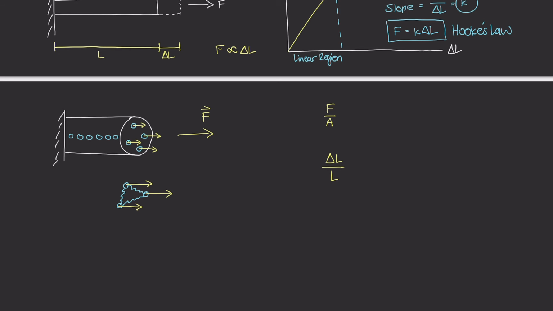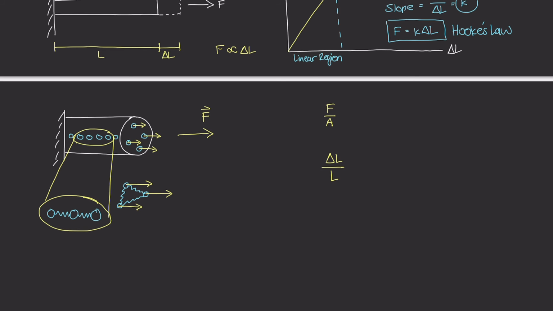And the more molecules there are, the more bonds there are. So let's make this a little bit bigger. Let's zoom in here. We can see that each of these molecules has some sort of molecular bond, right? And the longer this distance L, the more bonds and molecules there are going to be. And the shorter this rod, the fewer molecules and molecular bonds there are going to be.